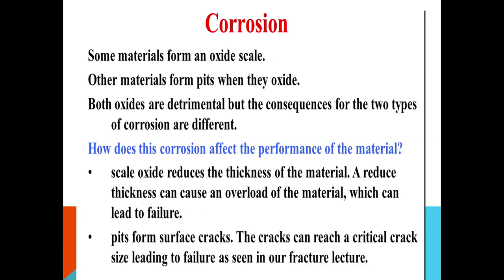Number one, scale oxide reduces the thickness of the materials. A reduced thickness can cause an overload of the material, which can lead to failure. Pits form surface cracks. The cracks can reach a critical crack size, leading to failure, as seen in our fracture lecture.